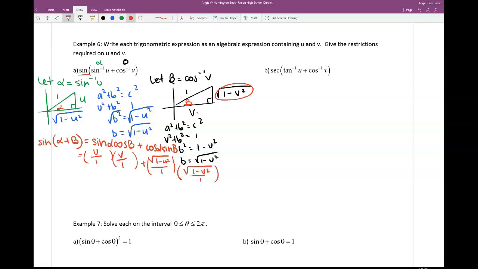Well, it looks like everything is over 1, right? So let's get rid of the ones. Okay, so it's u times v plus radical 1 minus u squared times radical 1 minus v squared.